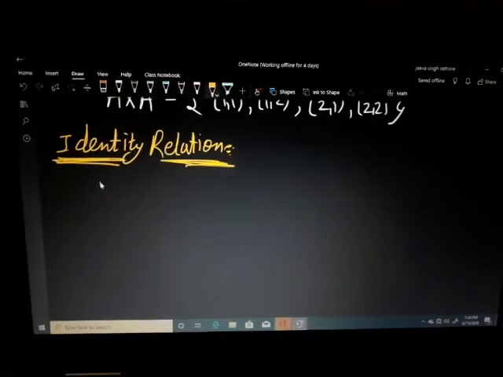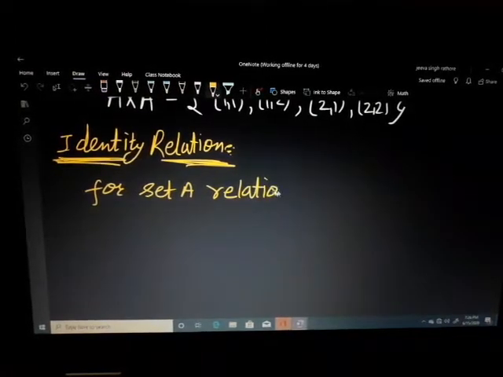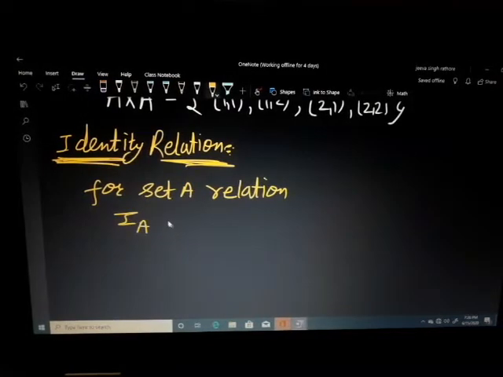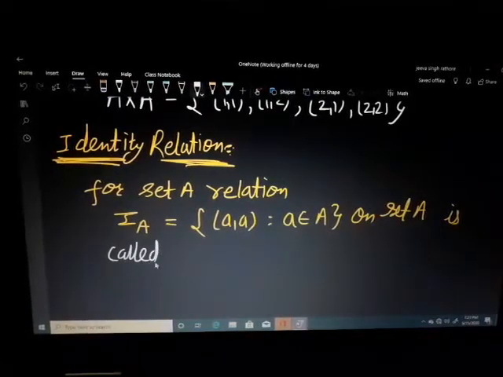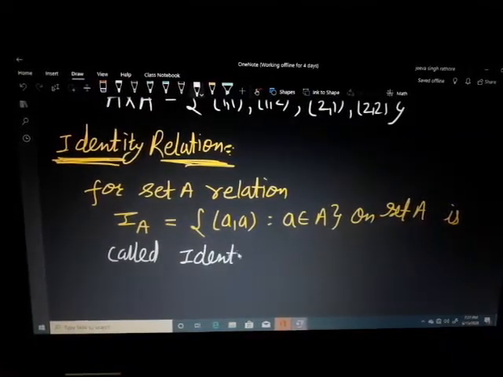The identity relation on a set A is the relation represented by I_A equal to the set of ordered pairs (a, a), where a belongs to set A. This is called the identity relation on set A.